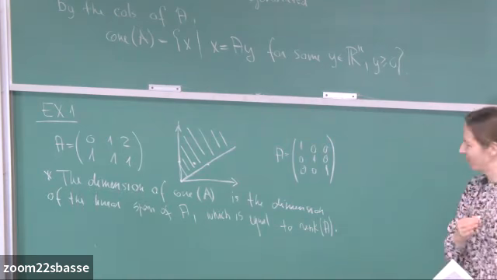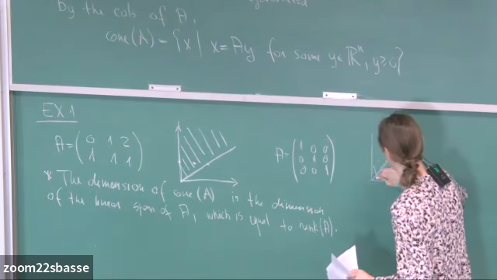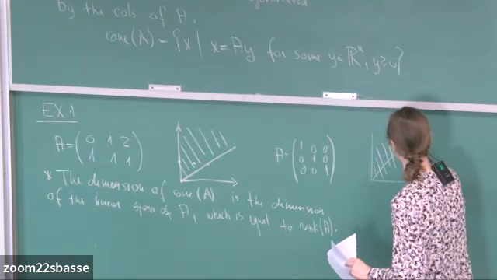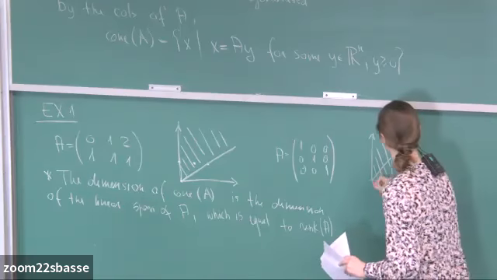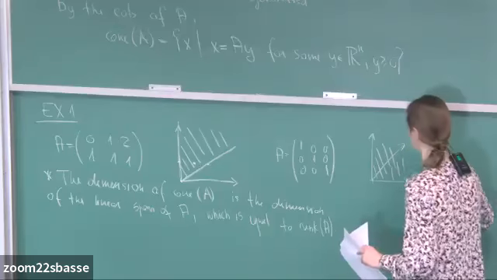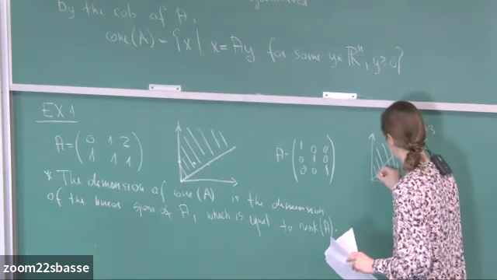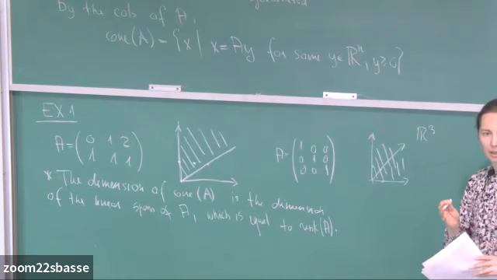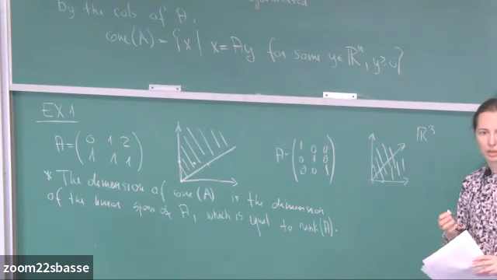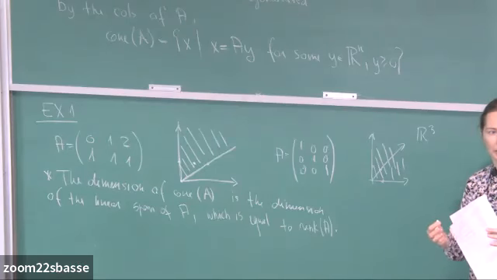I heard the correct answer: it would be the non-negative orthant in R^3. Right, so now the three elements are the three unit vectors. These are the rays of this cone. And then we also have to take all the convex combinations of the rays.